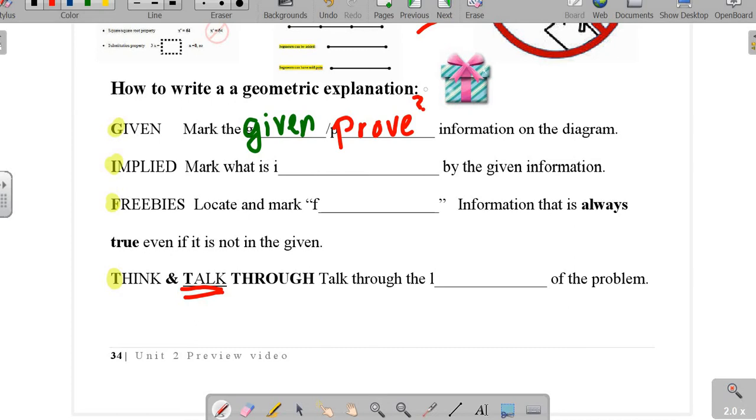I will usually use green for given and red for what we're trying to prove. Then you mark what is implied by the given information. Implied are things that are true because of the given.